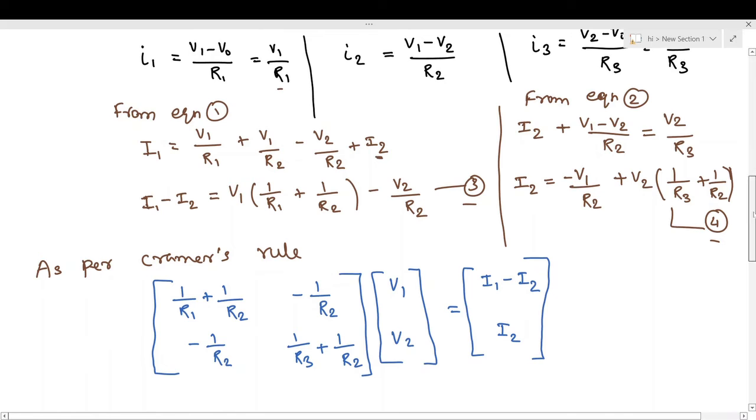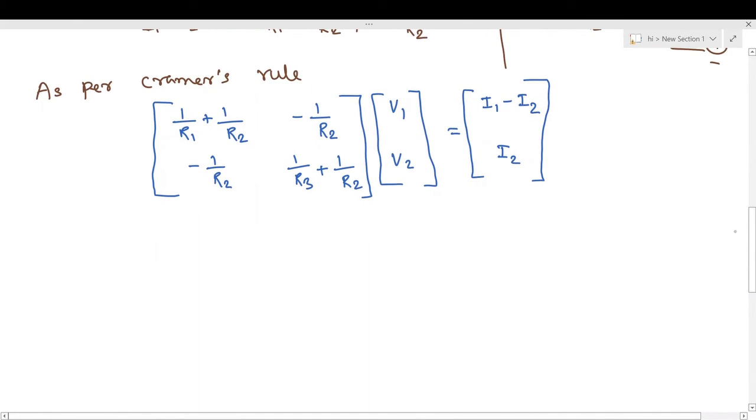On solving this equation by using Cramer's rule, we can find the values of the currents. Now if we assume 1 by R1 is equal to G1 and 1 by R2 is equal to G2, 1 by R3 is equal to G3, this is the conductance. The inverse of conductance will give the resistance.